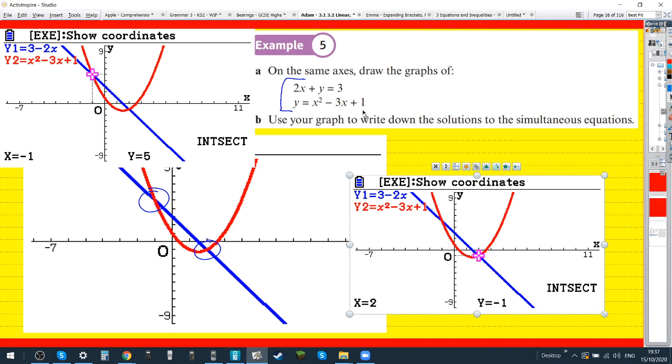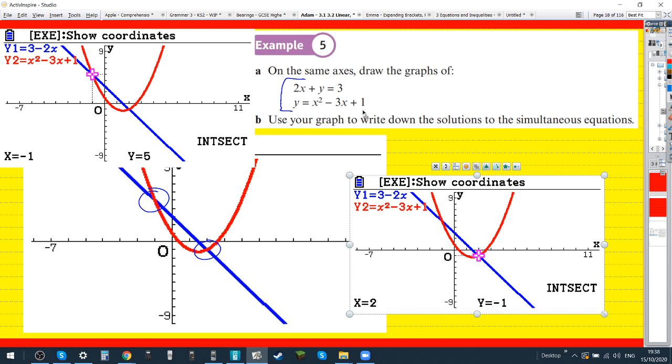This is an alternative method for solving simultaneous equations. You can solve them graphically. When they want you to solve them algebraically to show you understand this stuff, the question will say show using algebraic methods only.